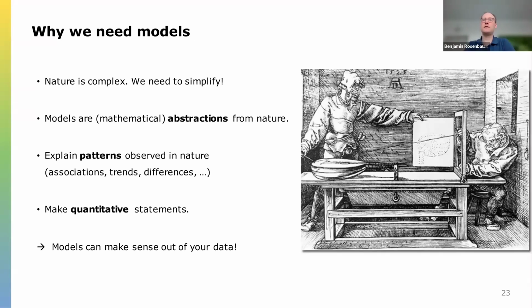It's not enough to say, I observe some difference between these groups or whatever. I also have to make a quantitative statement about it to communicate how certain I am about this difference. In this way, we can quantify things, and models are necessary to make sense out of your potentially very complicated data set.